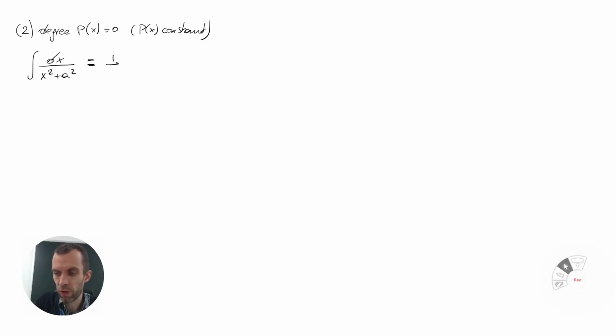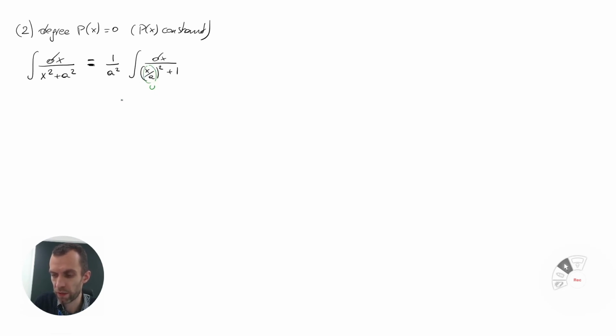So first of all, I'm going to take out that a squared because it's in the way if I want to make this into the integral that gives me a tangent. So I'll factor out 1 over a squared, and I get dx over (x over a) squared plus 1. Now I can make a small substitution.